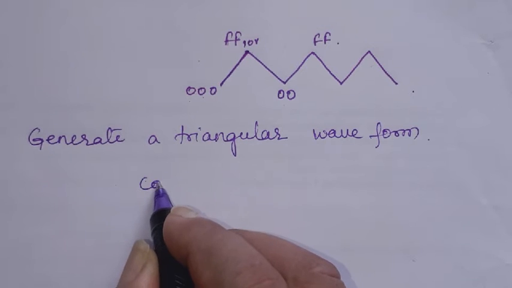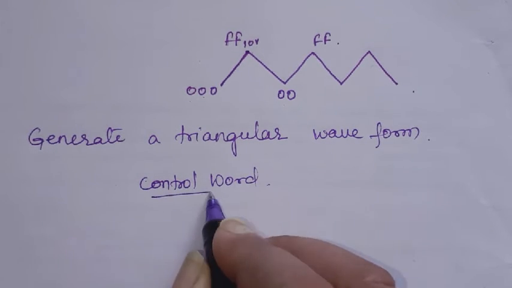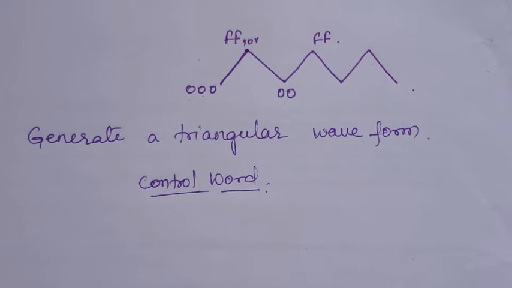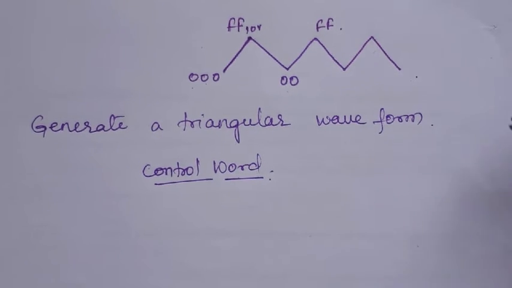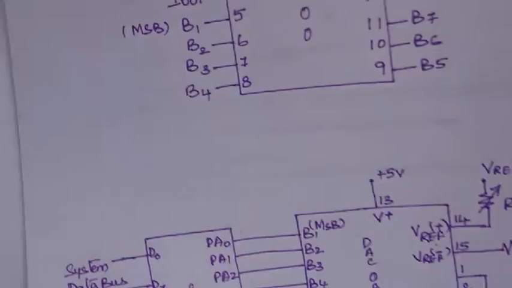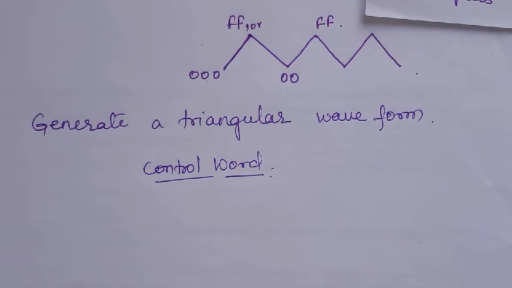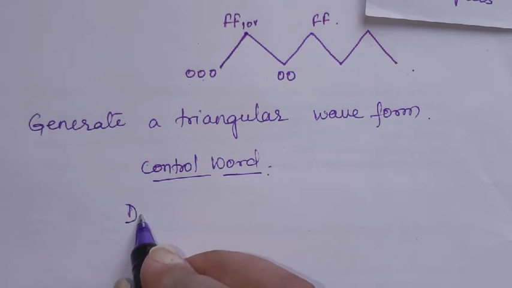Now let's first write the control word. This is more important to initialize port A as output port, because we have connected port A to the input of DAC. This is from where the DAC is getting the digital data. So port A must be initialized as output port in simple IO mode.